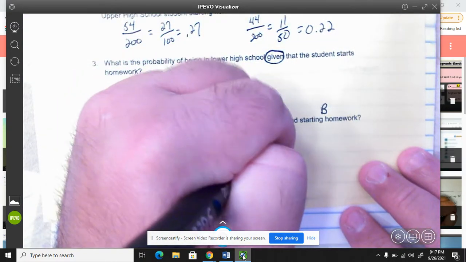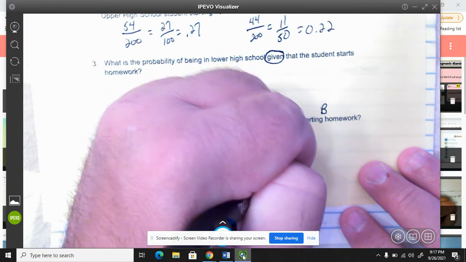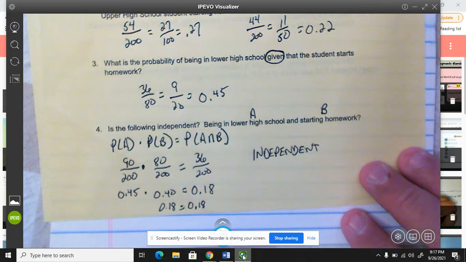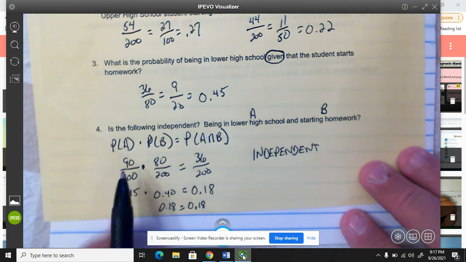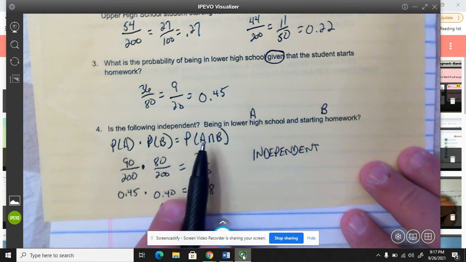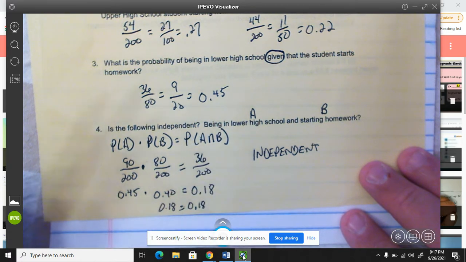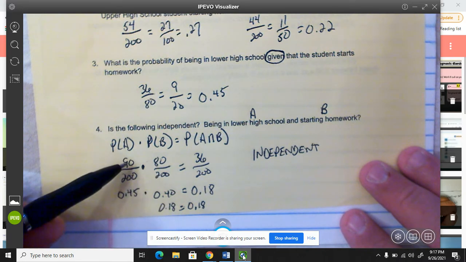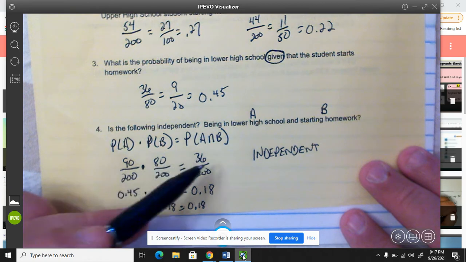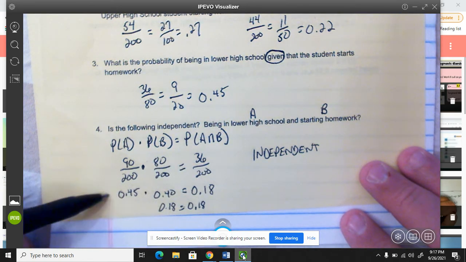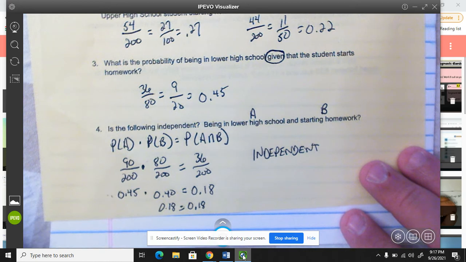So it is independent, because the probability of A times the probability of B equals the probability of A and B. So you have to finish this out. It can't be what you think it's going to be. There's no way that 90 times 80 equals 36. But it is.